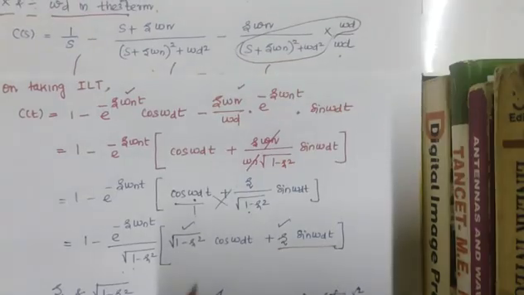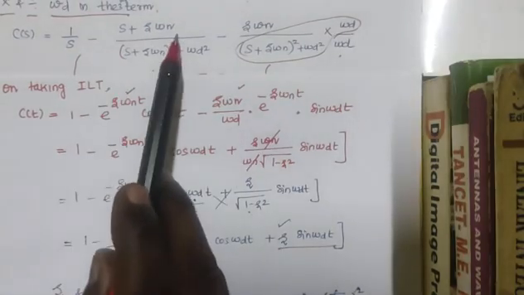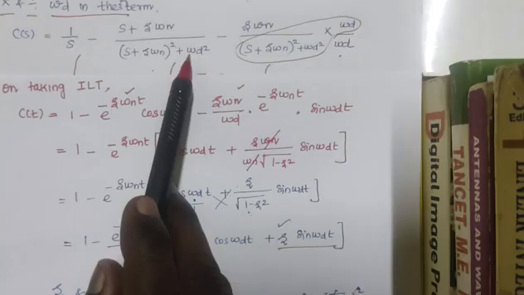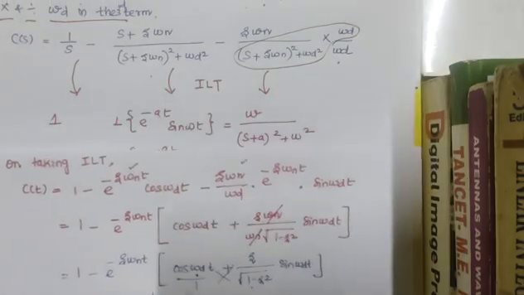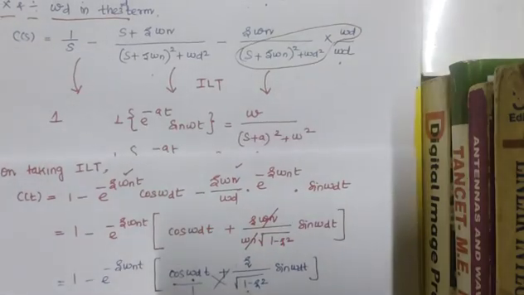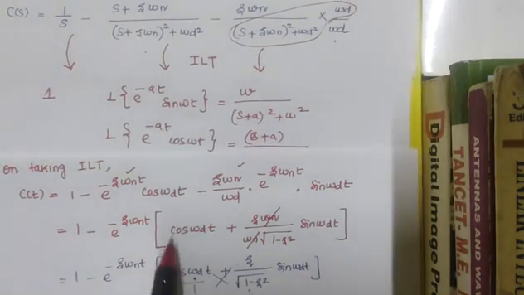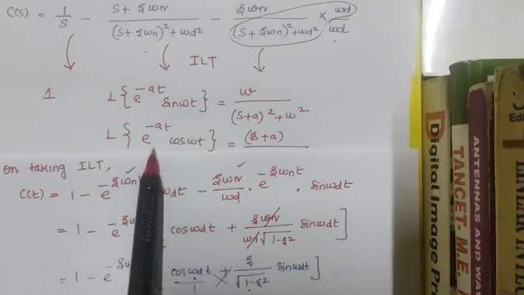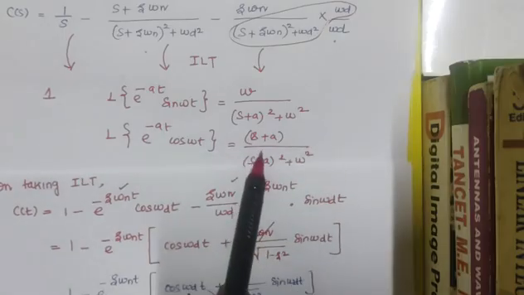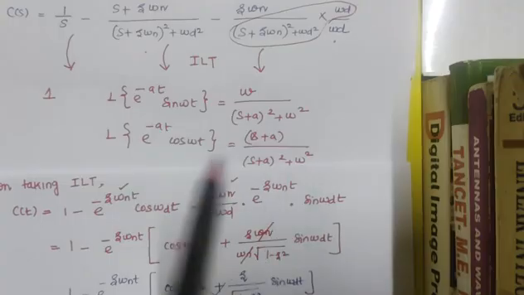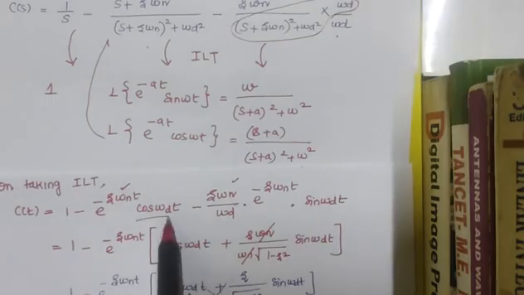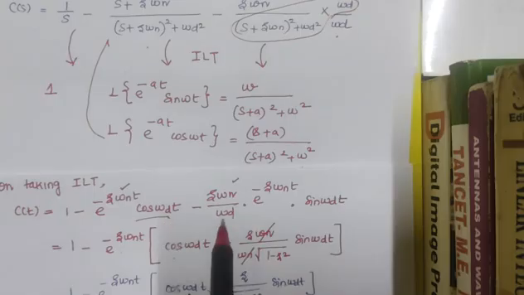Then you take the second term, s plus psi omega n divided by s plus psi omega n the whole square plus omega d square. As I already told, this is like e power minus at cos omega d t. That's why you get s plus a divided by s plus a the whole square; you compare this and this. Now you can write it as e power minus psi omega n t cos omega d t.